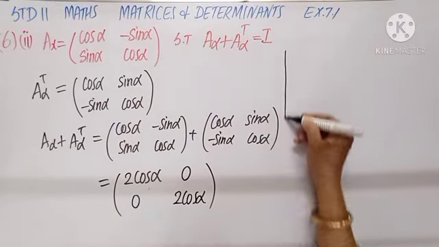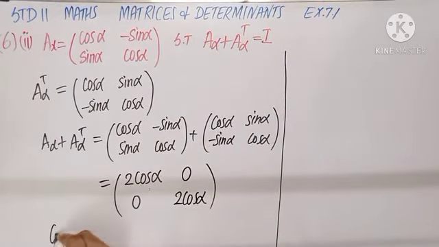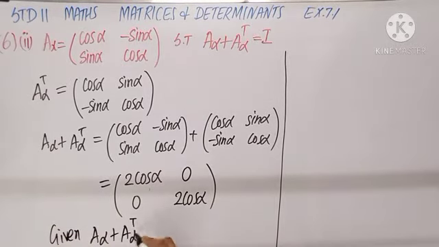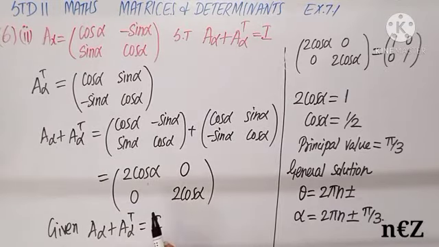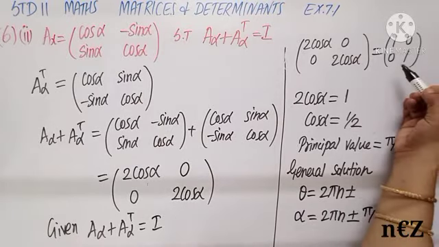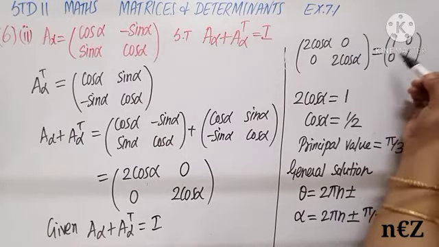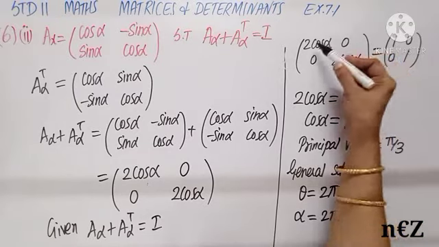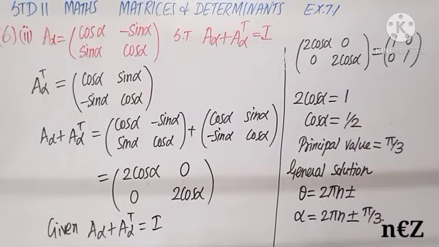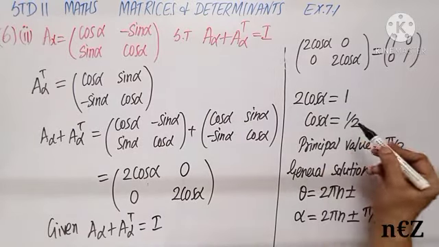What is given actually in the question? Given A alpha plus A alpha transpose is I. As we compare the answer with I, the unit matrix [1 0; 0 1], corresponding entries are equal. We get 2 cos alpha is 1, or cos alpha is 1 by 2.